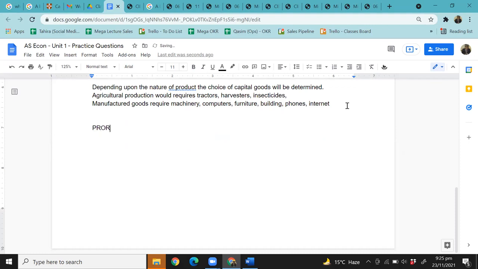So production possibility curve is a graph that shows maximum output that a country can produce in terms of two goods. Simple, easy, right? Any confusion about this, right?